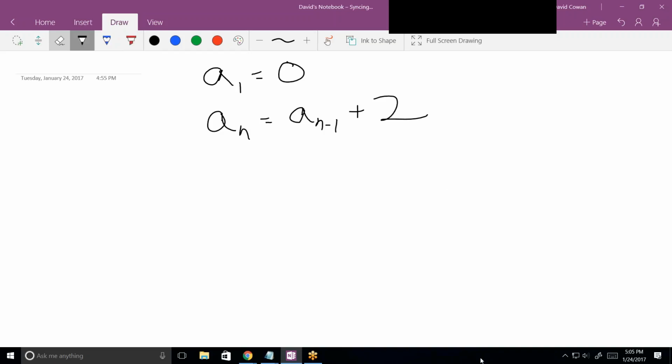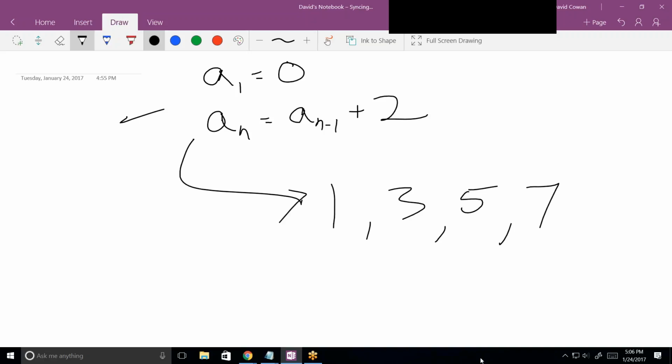Notice the sequence that I just drew, 1, 3, 5, 7, and notice your recursive definition. Every term in the sequence is equal to the previous term plus 2. Does that apply to that sequence? Yes, it does.